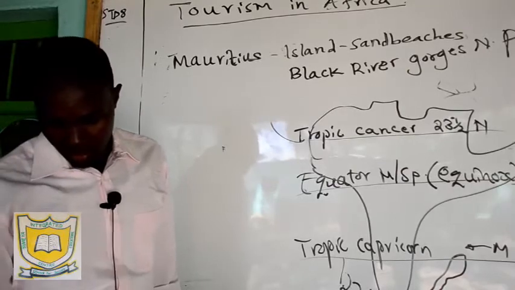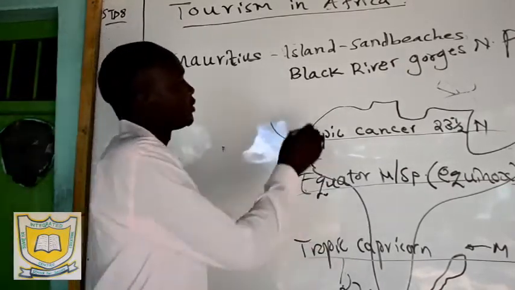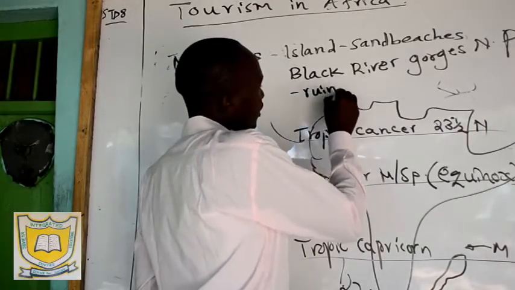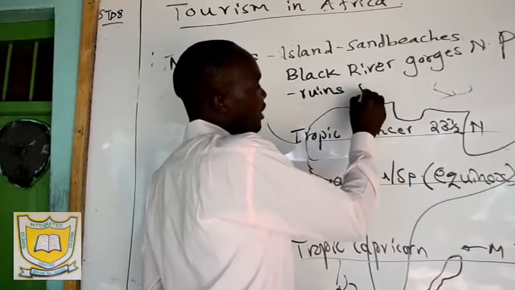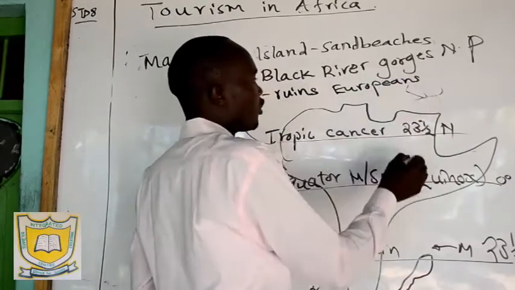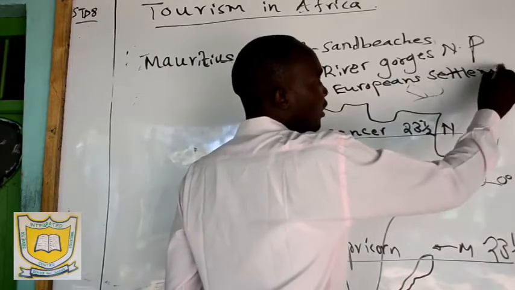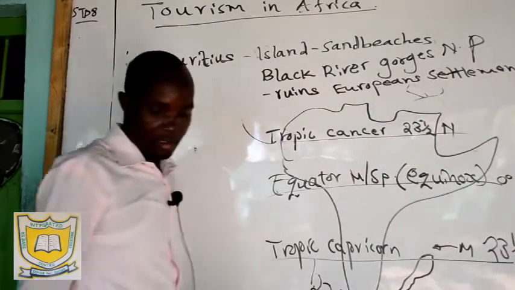And then we have another one called ruins of the European settlement. Ruins just means the remains of European settlement. Most of the Europeans were settling here, so you'll find that the remains are here where they were staying.